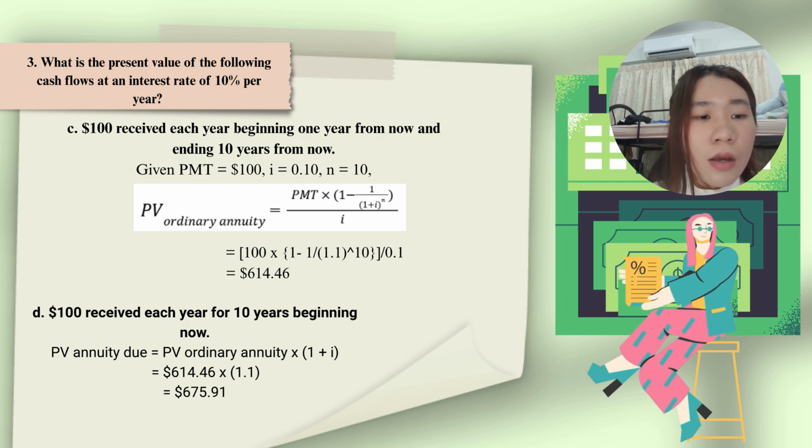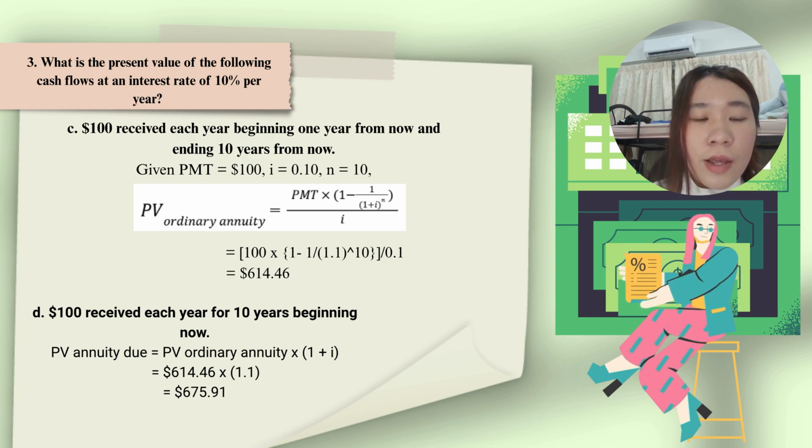$614.46. For question D, we will need to calculate the present value of an annuity due to know the present value of $100 received each year for 10 years beginning now. The formula of PV annuity due is PV ordinary annuity times (1 plus I).